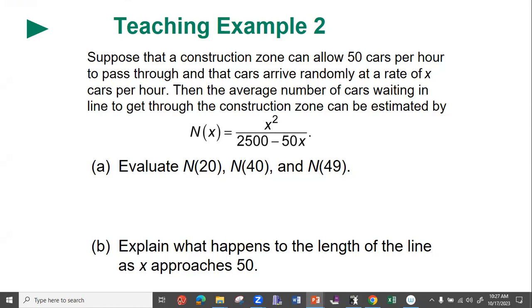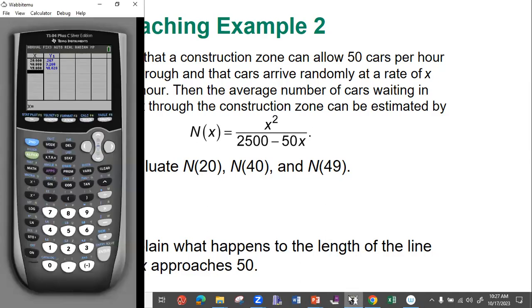The number of cars waiting. So n is our number of cars waiting. So if I have 20, it is moving 20 cars per hour. So if they're moving 20 cars per hour, the number of cars waiting is basically no cars, right? If they're moving 40 cars per hour, how many cars are waiting?